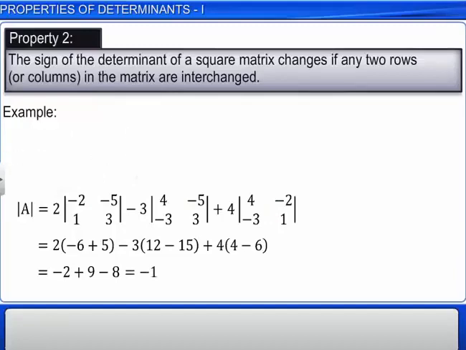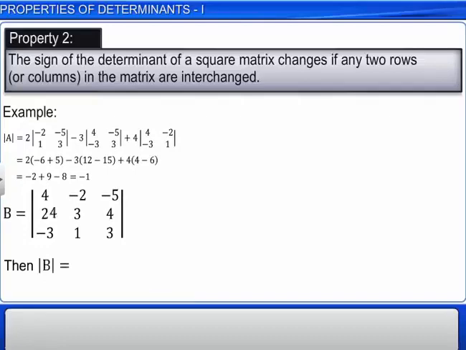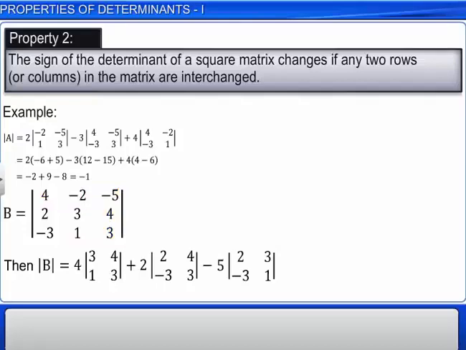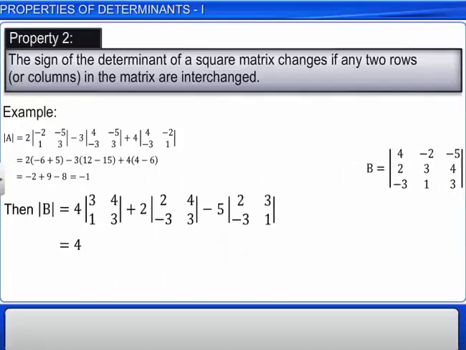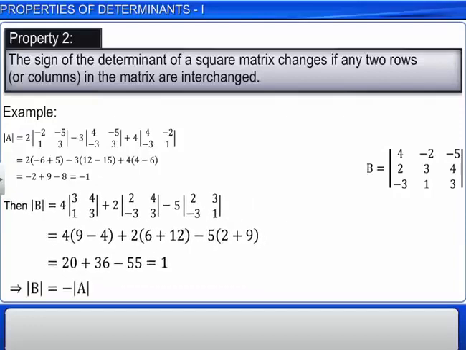Let B be the matrix obtained on interchanging rows R1 and R2 of matrix A. On evaluating determinant B along the first row, we get 1, which is equal to minus of determinant A. Hence, the determinant of matrix B is equal to the minus of the determinant of matrix A.